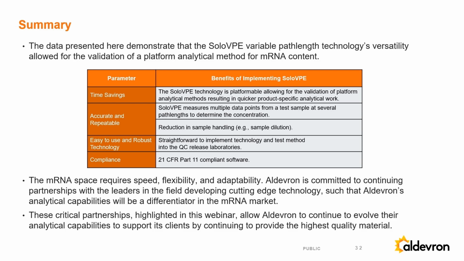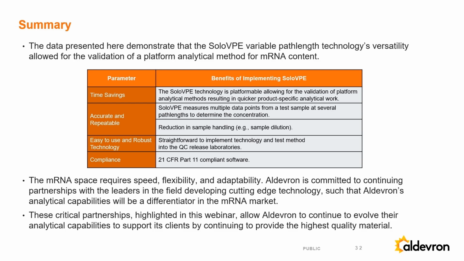Again, this ability for us to demonstrate platform and validate platform methods is so helpful for us. It's so nice because it really does set the foundation for that PSQ workflow.